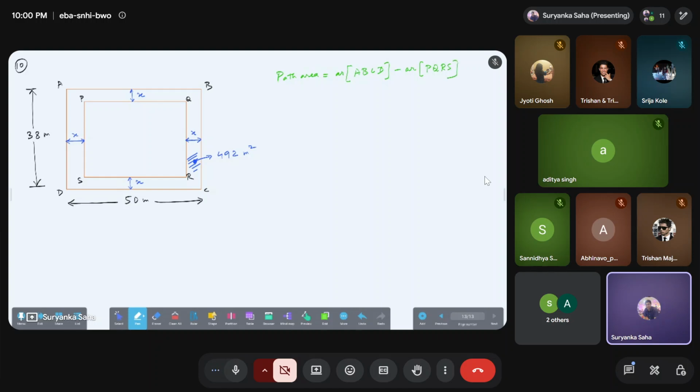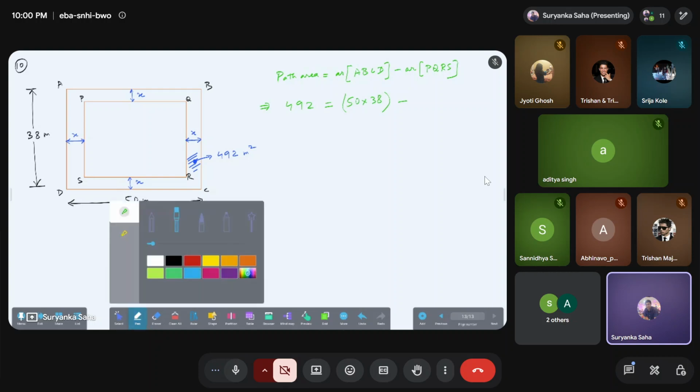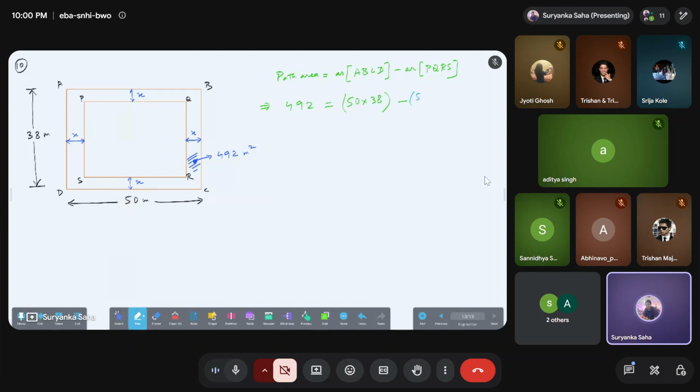So you can write: path area is given as 492, minus the area of ABCD, which is 50 into 38, minus PQRS. PQ will be 50 minus x minus x, so it will be 50 minus 2x into 38 minus 2x.